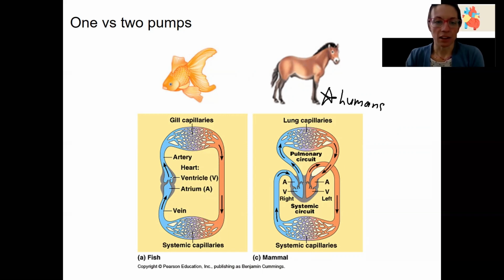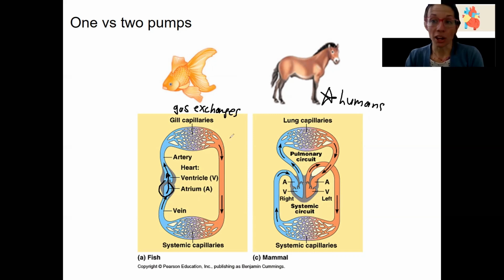They've got a single atrium that feeds into a single ventricle that then is pumped first to the gill capillaries, where gas exchange occurs, similar to the lungs in humans. Then it goes on to the tissues.